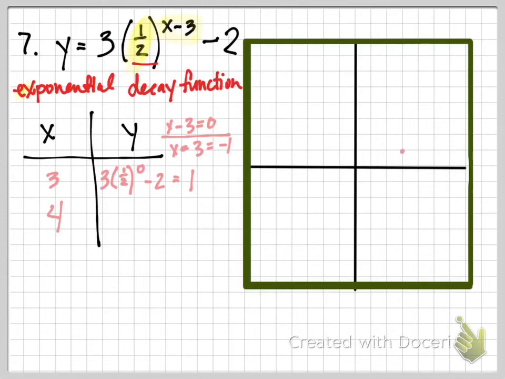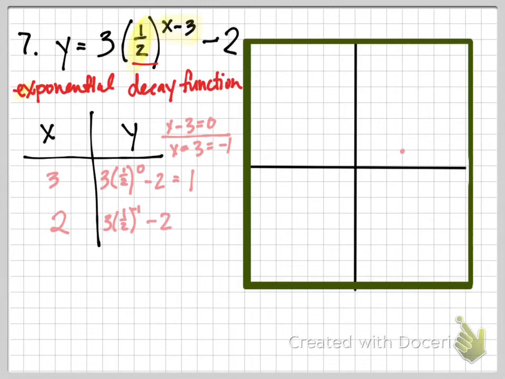When I plug in x equals 4, I get 3 times 1/2 to the 4 minus 3, this should be x equals 2. What am I thinking? This should be x equals 2 to give me a negative 1 power.